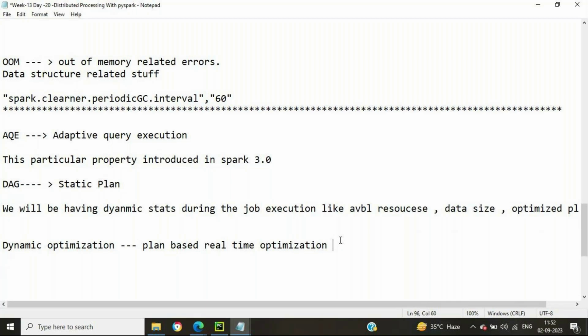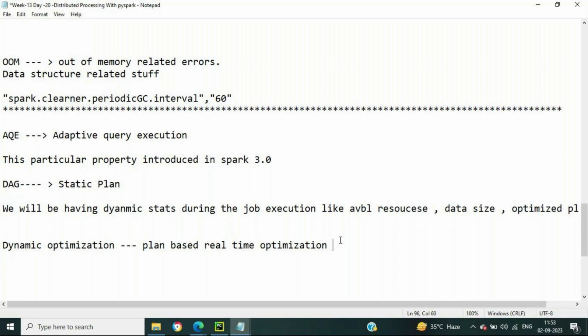And now the data size is this much, and I can reduce the partitions to this much. Those are static stats, and based upon them we take the decision. But over here Spark decides each and everything, and Spark dynamically increases or decreases the number of partitions.